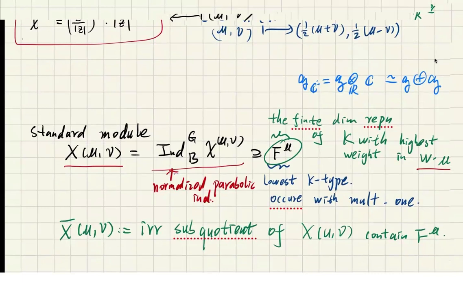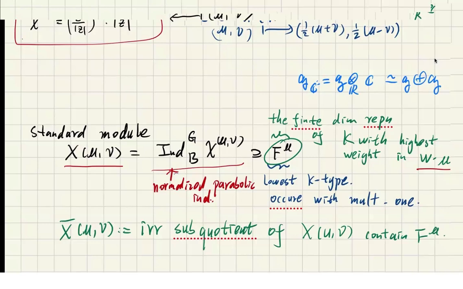What's the definition of lowest K type? Lowest K type is a K type that has minimal length, but this length is a normalized length. It's not the length of mu, but you have to do some shifting. The actual formula is quite complicated. I cannot recall.